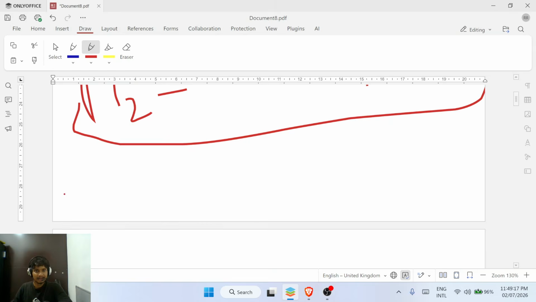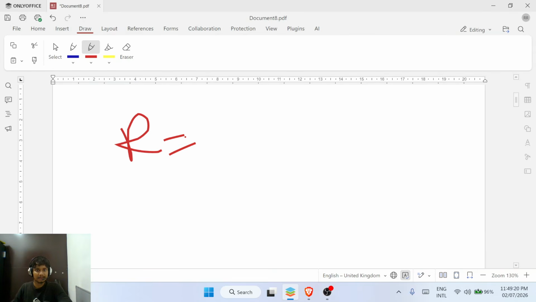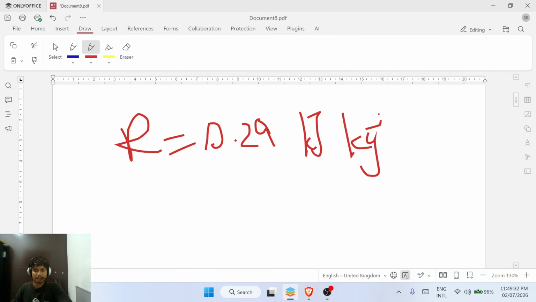Now they have given that R, the specific gas constant, is equal to 0.29 kilojoule per kilogram per Kelvin.